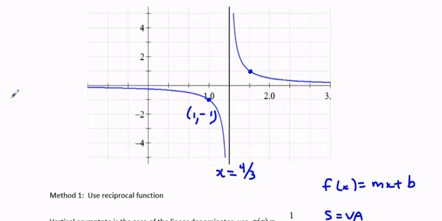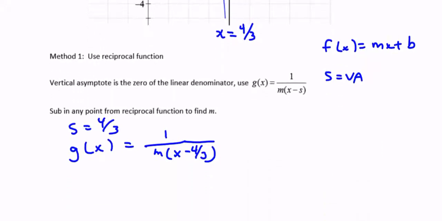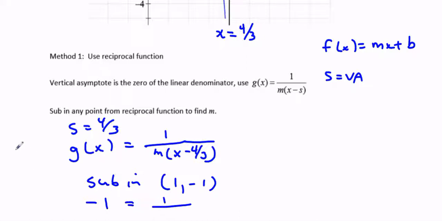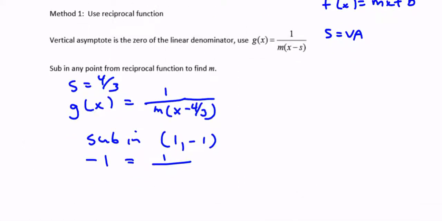So we're going to sub that point in. So I'll just say sub in 1, -1, and we're going to get -1 then equals 1 over, we don't know m, but we know x is 1 minus 4/3.